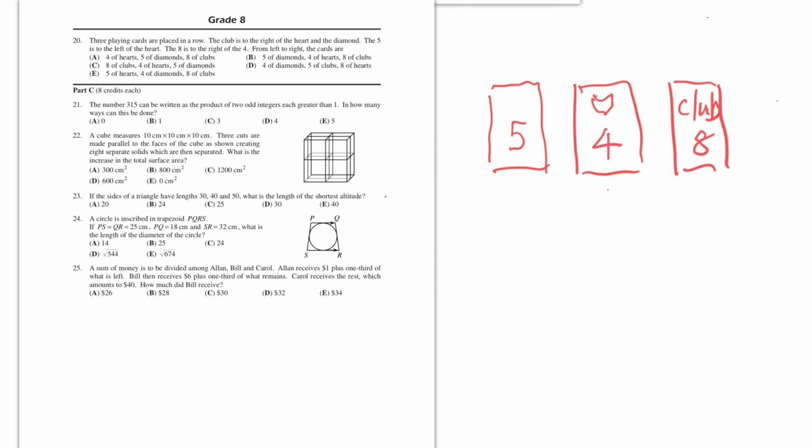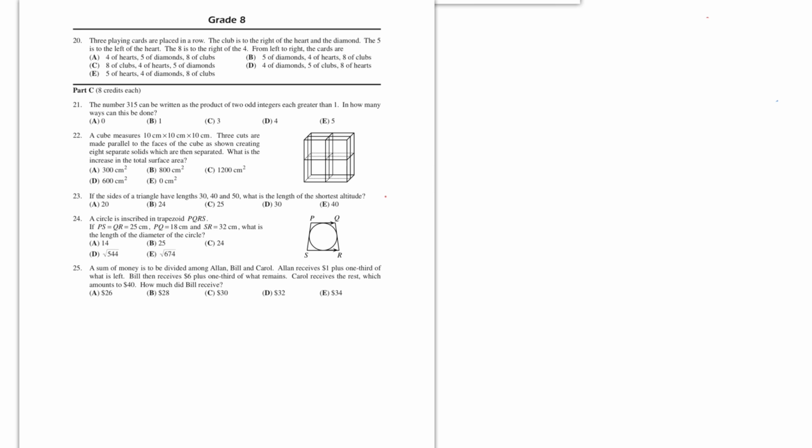So we are missing the number 5, which should be the diamond. Now we got the order, so for A, B, C, D, it should be the 5 of diamonds here, the 4 of hearts, the 8 of clubs. So the answer is B.